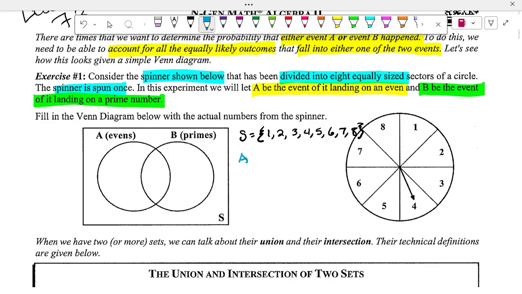All right. Set A, that's your even numbers. What numbers will be in this set? 2, 4, 6, 8. Okay, set B. Remind me, what's a prime number?